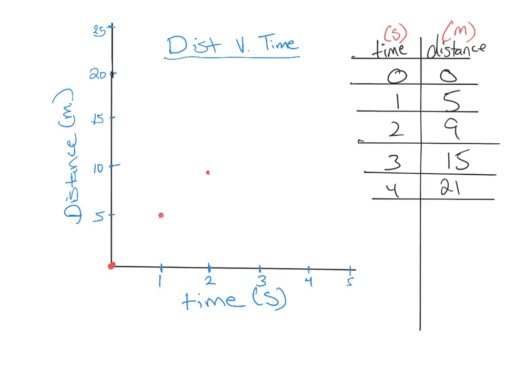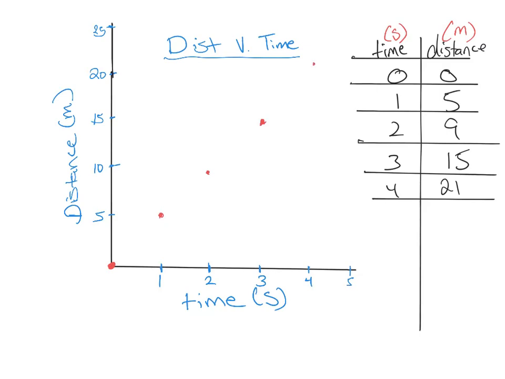Then we're going to go to 3, which is at 15. So at 3, I'm going to go up to 15. Then at 4 we're at 21, so I'm going to go just a little bit beyond 20.